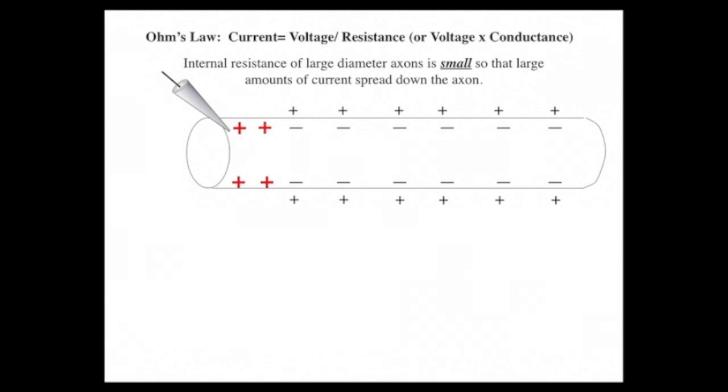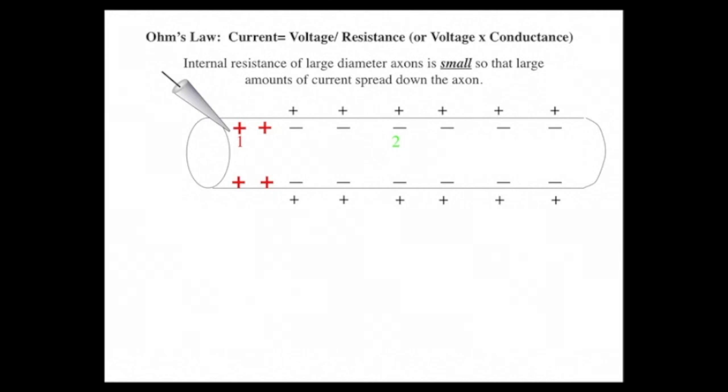This is a large axon, and I've injected a lot of positive current into the left side of the axon, and the left side is now positive, and I want to see what kind of current is going to flow from point 1 to point 2. Point 2 is still very negative, the normal resting potential of the cell.